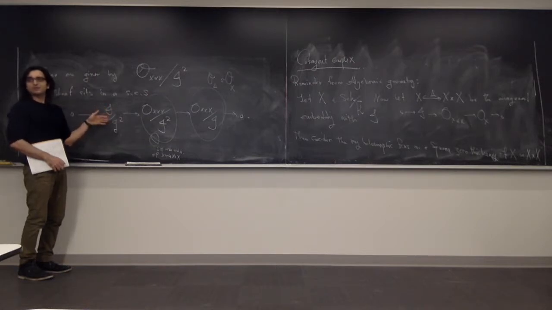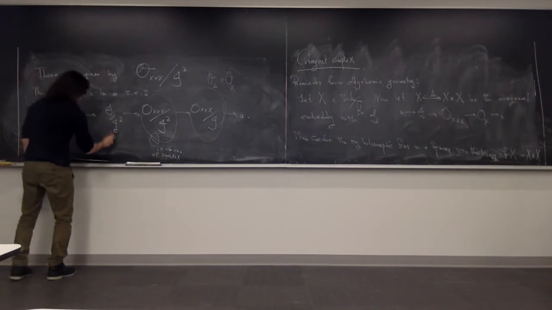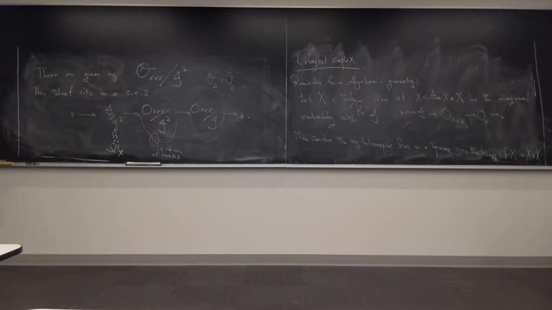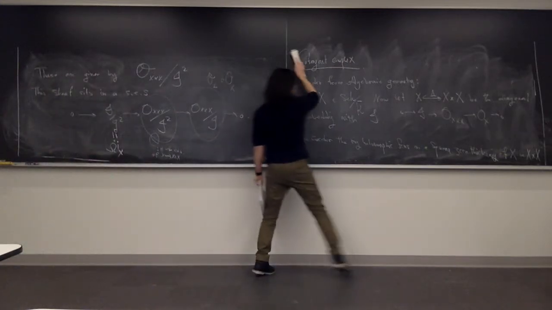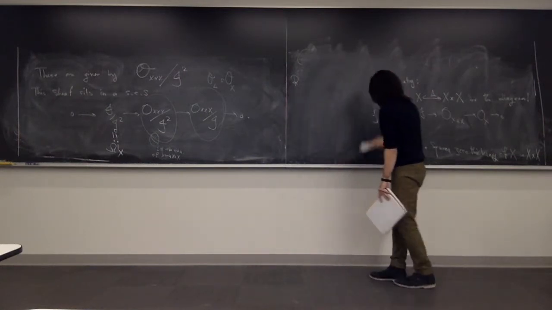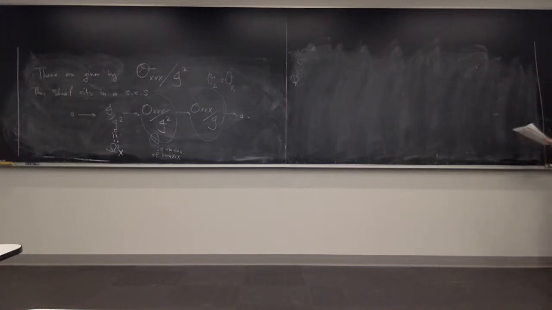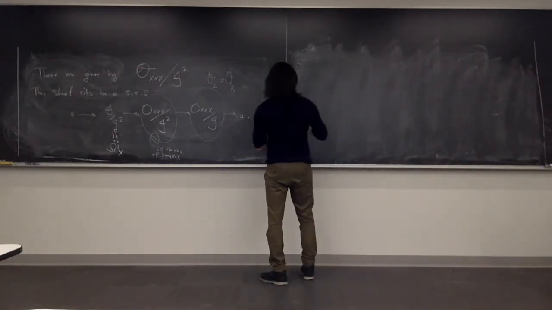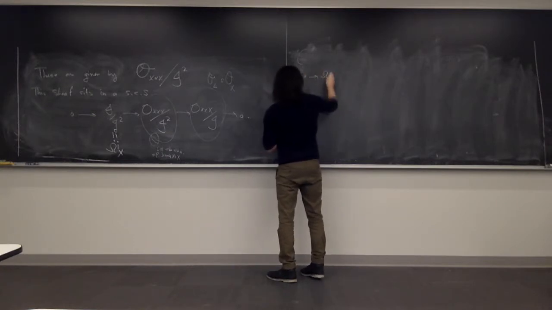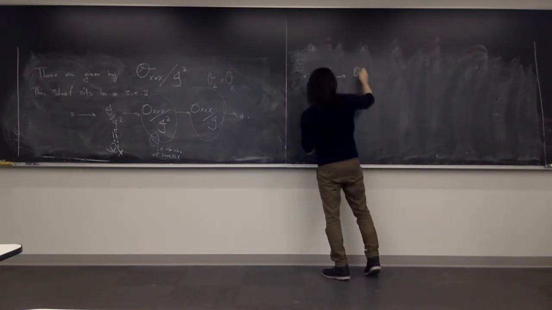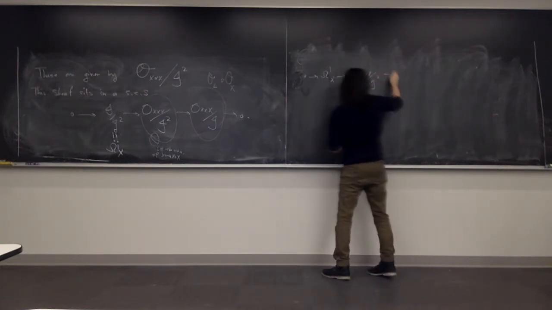If X is smooth, it's the conormal bundle of X in the ambient X cross X. Correct? This thing is, in fact, the sheaf of differentials. Conormal is the cotangent sheaf. Okay, so this is what we have seen before. So we get that this guy, omega 1, the first order sheaf of differentials of X, sits inside this guy.